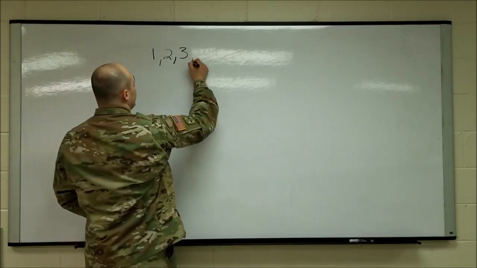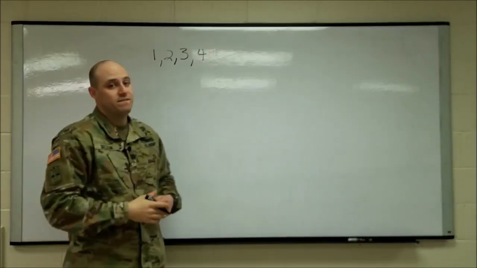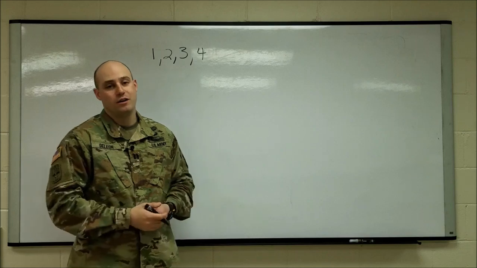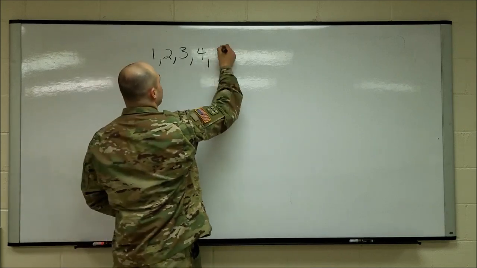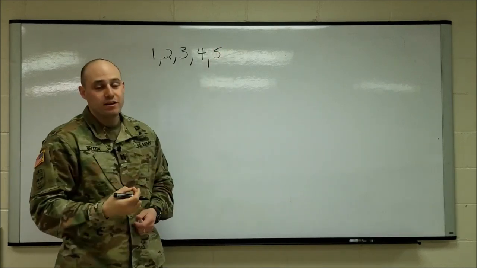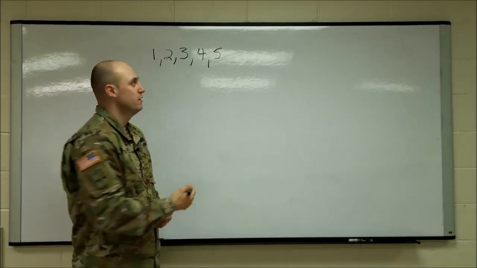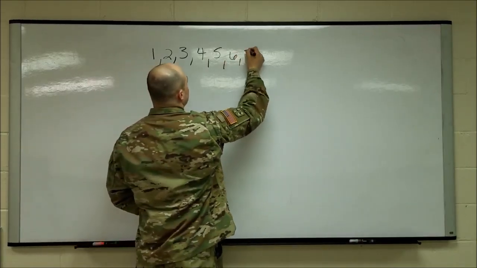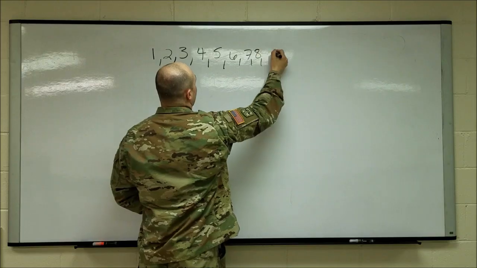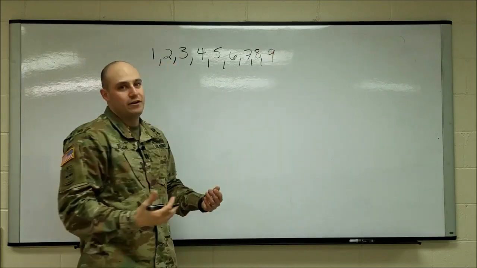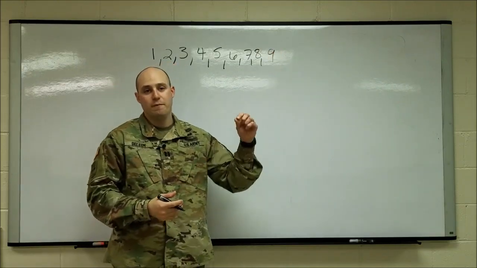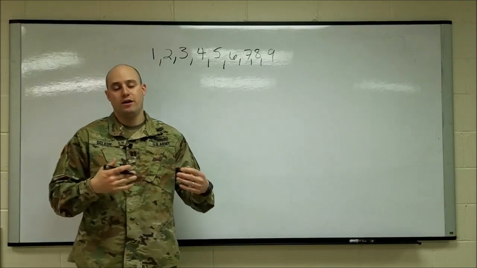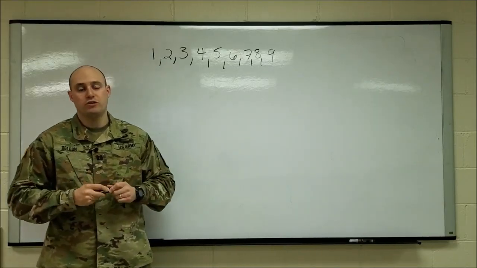You got 4, which is pronounced fower. You got 5, which is pronounced fife, F-I-F-E. Then you got 6, 7, 8, and 9, which is pronounced niner. Obviously this is meant to make sure there's no question on what you're saying.